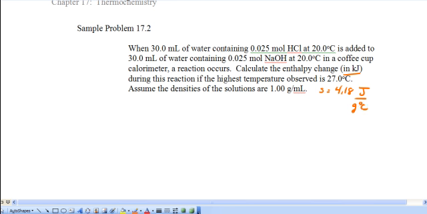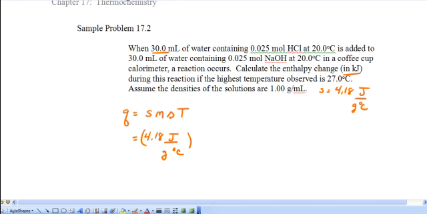Celsius for the water. Alright, so in this case, if we want to measure the enthalpy change or the heat change, Q is going to equal s m delta T. The specific heat is 4.18 joules per gram per degree Celsius. The mass of the system, well, this is going to take just a little bit of calculation, but it's easy.